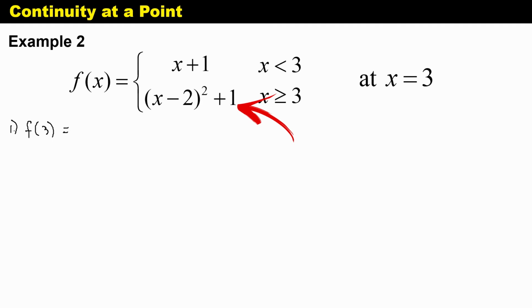Therefore, we will make use of the second function. This becomes 3 minus 2 squared plus 1. Now, simplifying this, 3 minus 2 is 1. 1 squared is 1, plus 1 equals 2. So it satisfies our first condition that f of 3, or f of c, exists, since this is not undefined, so it exists.